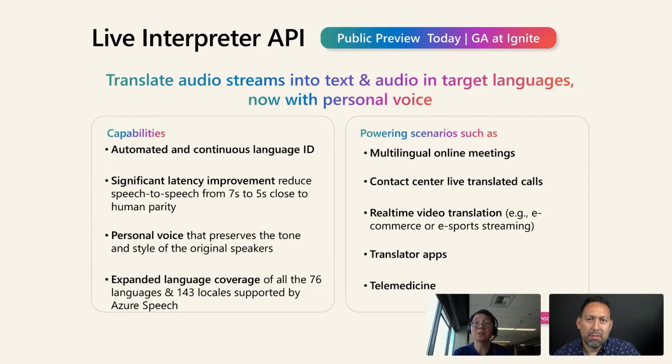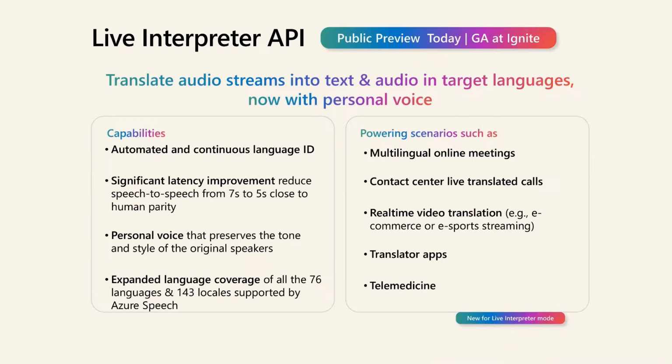Another thing is voice quality. If you're using a standard platform voice, it doesn't carry your tone, your volume, your speaking style, so some of the message is lost. The nuance and the emotion are lost. Also, in a lot of apps or devices, you have to manually set a source language, which is inconvenient when you have a conversation with people speaking multiple languages.